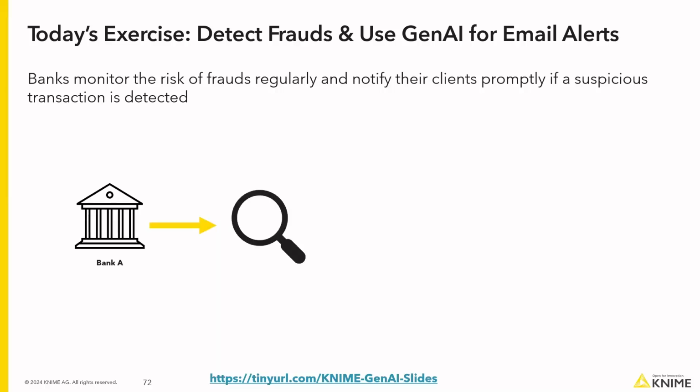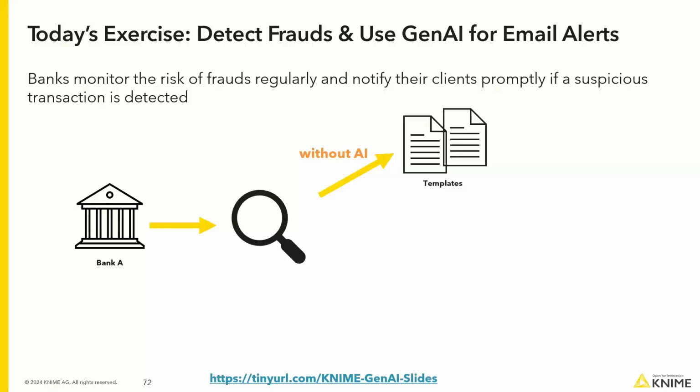So there's a bank A, which identifies a potential fraud, and without AI, what would they do? Especially if they have a very broad customer base that maybe speaks different languages or is located in different areas of the world.